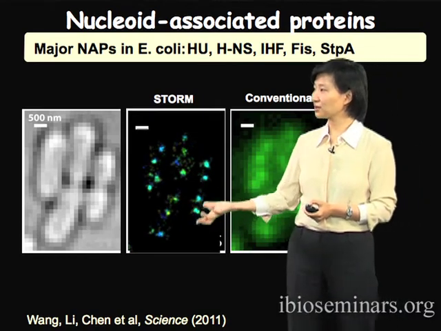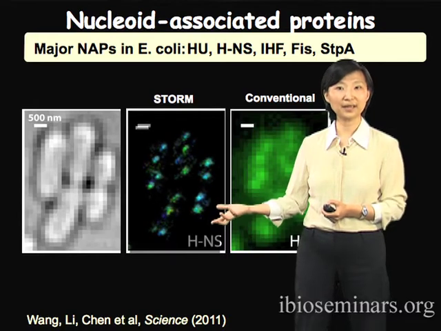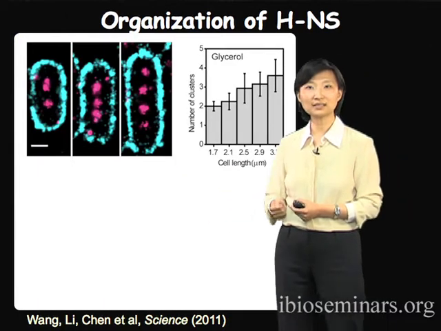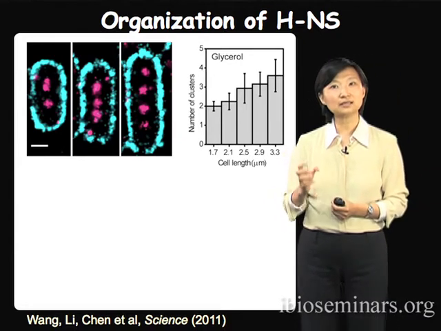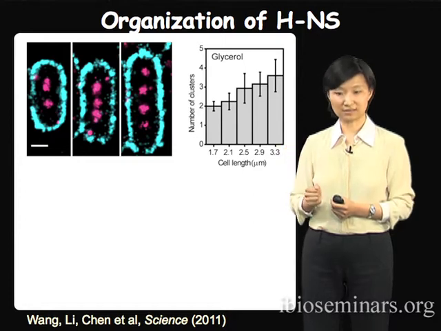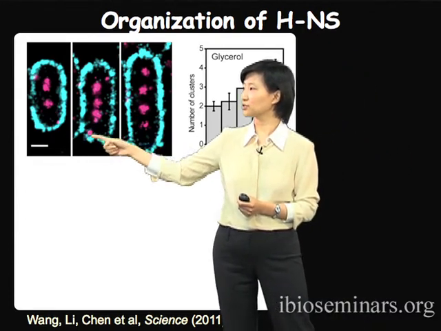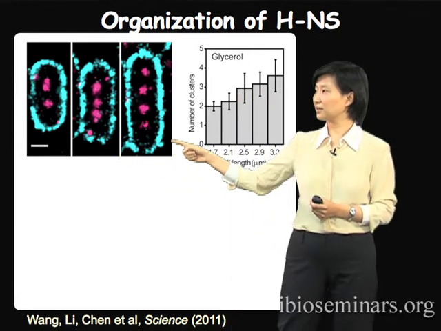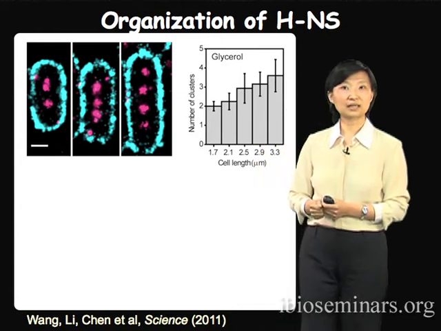And by quantifying these types of clustered structures in many cells, we found that these HNS clusters are organized in a very regular way in two different senses. One is the number of clusters inside the cell. That actually increases in general with the length of the cell.